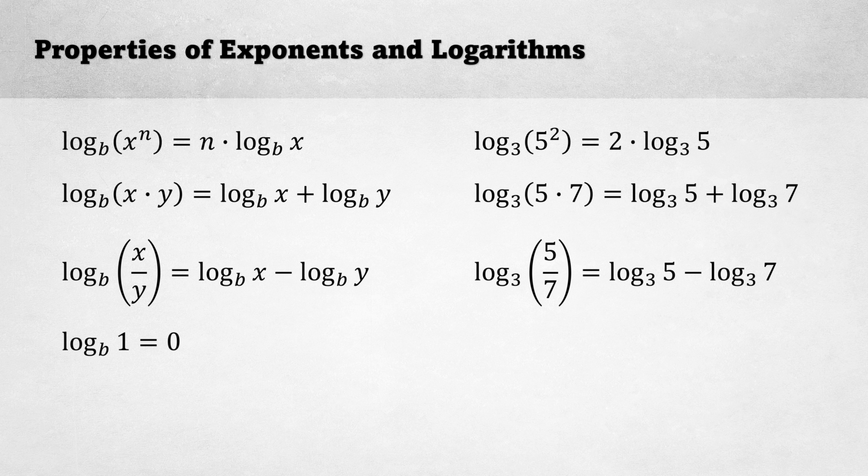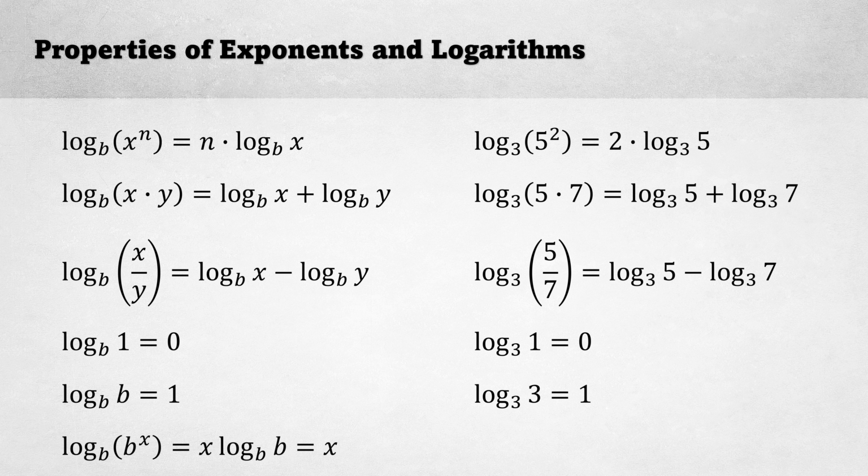This is because any base b to the 0 would equal 1. For instance, log base 3 of 1 is 0 because 3 to the 0 would equal 1. And log base b of b equals 1 because b to the first power would equal itself. So log base 3 of 3 would equal 1.